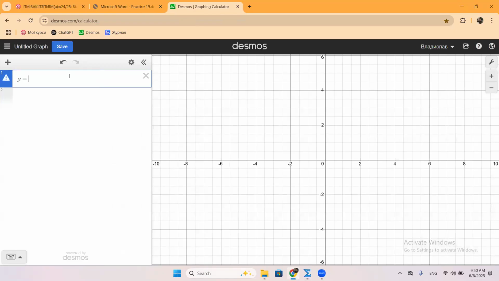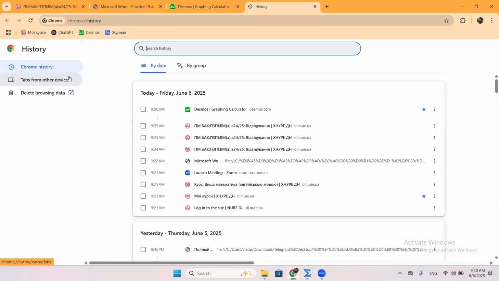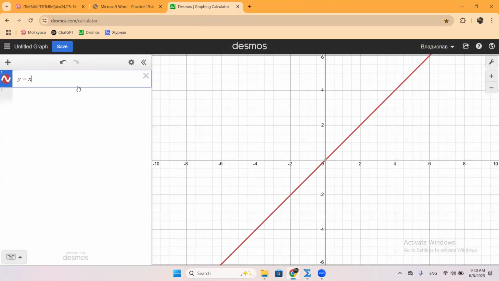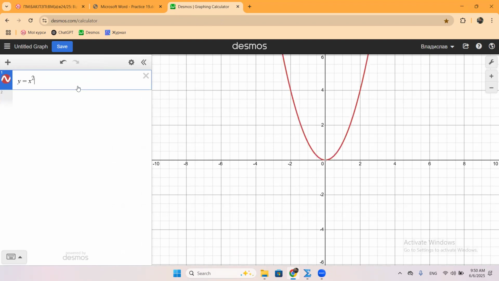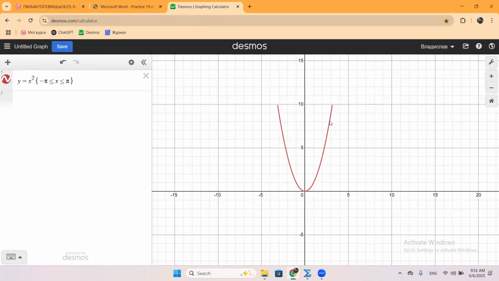Let me show one time how to plot such graphs. So x will be given from minus p to p. So that's how it looks like, from minus p to p. And now we will move it left and right. So we will do a shift by the period of 2p.